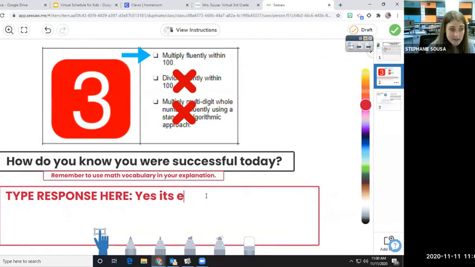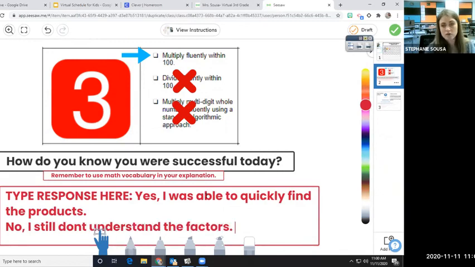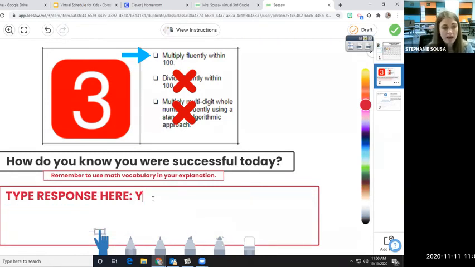So yes, I was able to quickly find the products. Now I've used math vocabulary. Or no, I still don't understand the factors. Now I've used math vocabulary. So you're going to use math vocabulary to tell me if you feel successful or not.